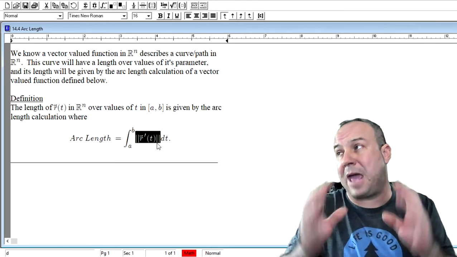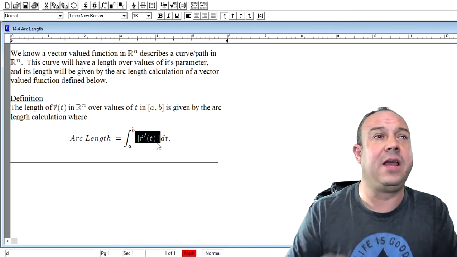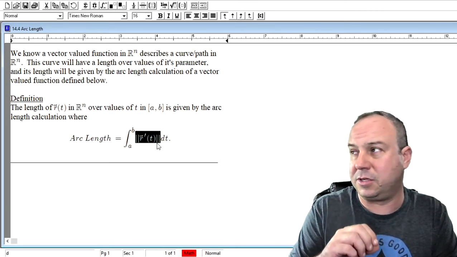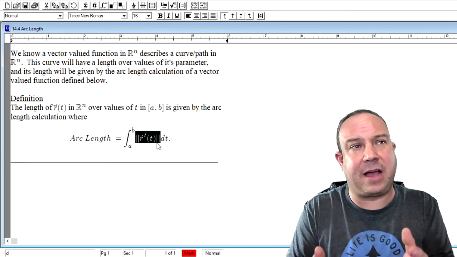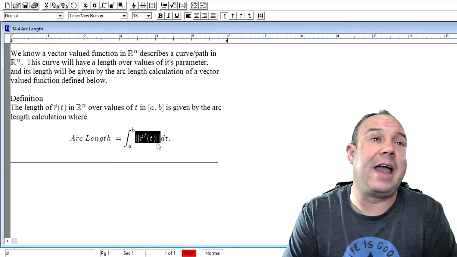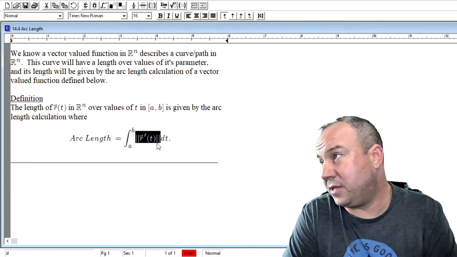We are taking the magnitude of r bar prime of t in our integrand here, and we are integrating that all with respect to our parameter t. That integrand is going to build a scalar valued function describing that magnitude length at a given value of t along the curve of r bar of t.